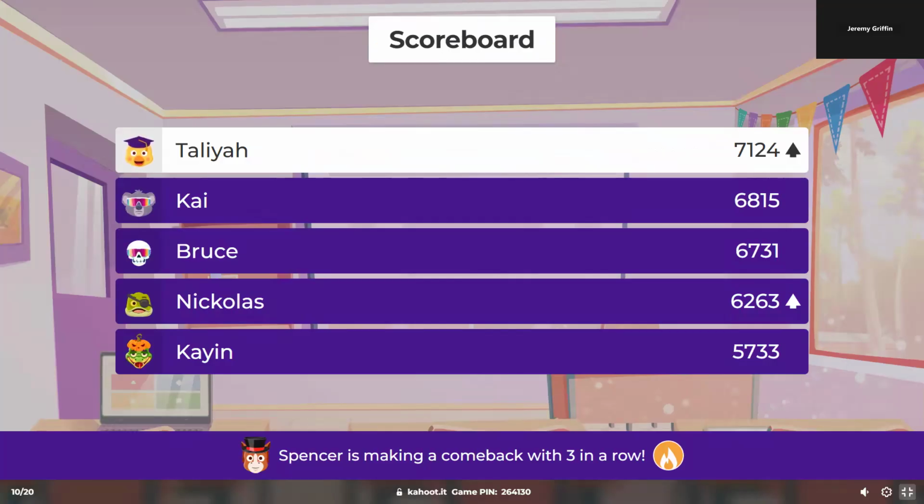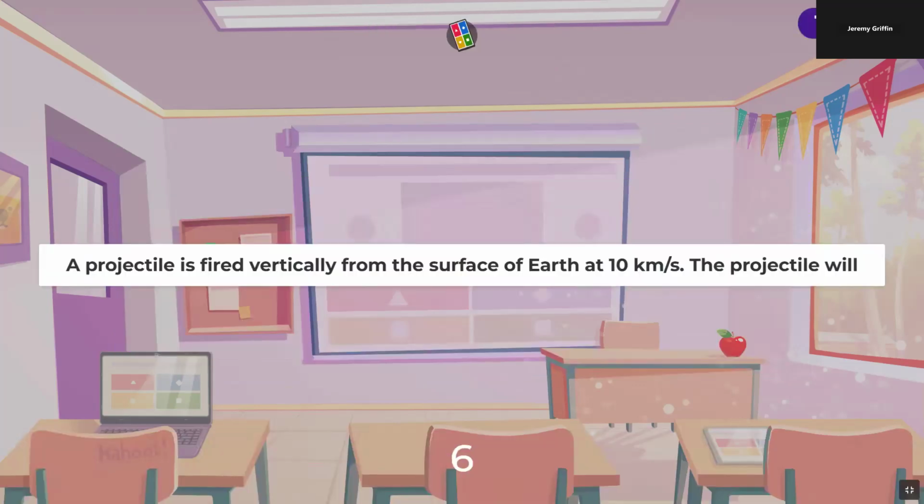I got Kyan, Nicholas, Bruce, Kai, Talia. Projectiles fired vertically from the surface of the Earth at 10 kilometers per second.